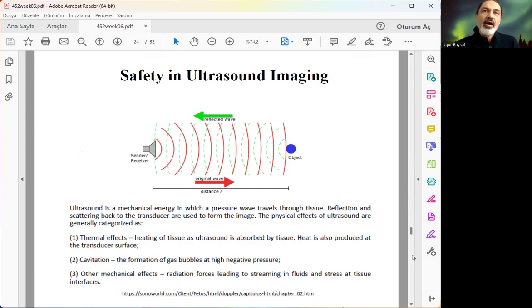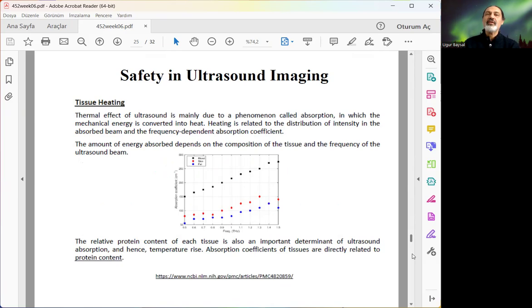Very long imaging time, hours and hours of course, is not possible, but it should be kept in mind that excess energy should not be sent to the body. If some of your devices, calibrations or properties are not finely tuned, you can send excessive energy.